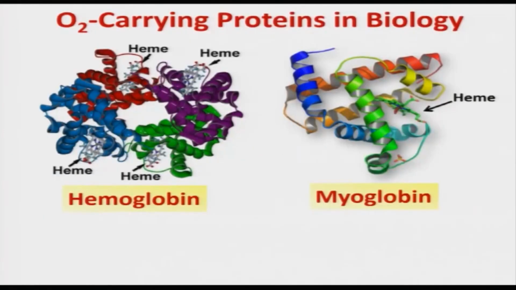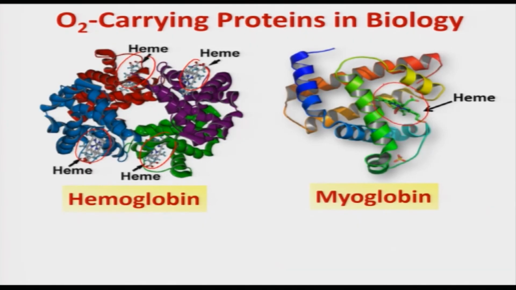Now, coming back to oxygen carrying proteins in biology, I have shown these two molecules which we have in our body. One is hemoglobin, another one is myoglobin. Hemoglobin is a tetrameric unit, as you can see there are 4 heme centers, 1, 2, 3, 4, and myoglobin is 1 heme unit.